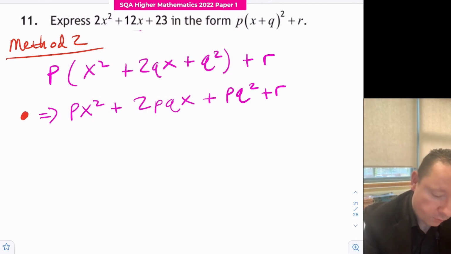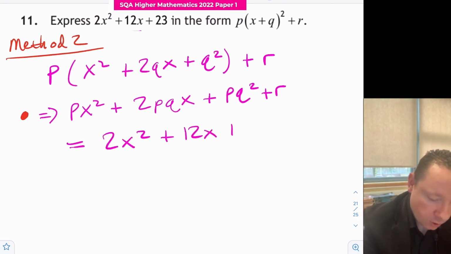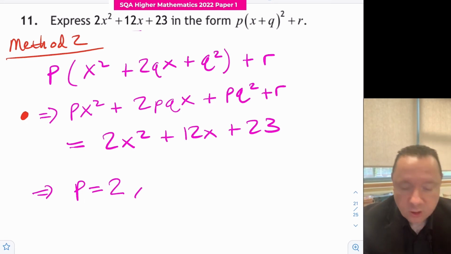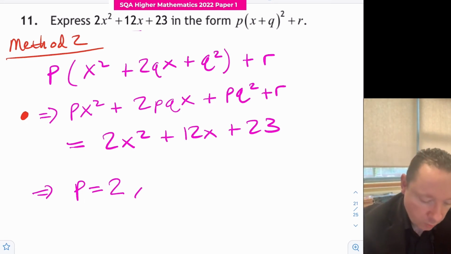So this obviously equals 2x squared plus 12x plus 23. So we should be able to see that the coefficient of x squared here is 2, and the coefficient of x squared here is p, so p is obviously equal to 2. We can see that here, that p immediately equals 2. And similarly, the coefficient of x in the first is 2pq, and that equals 12.